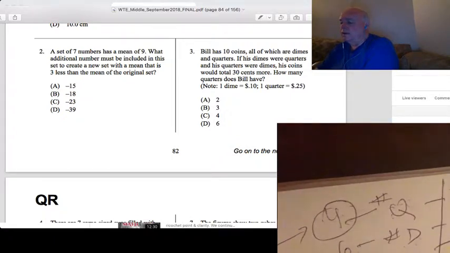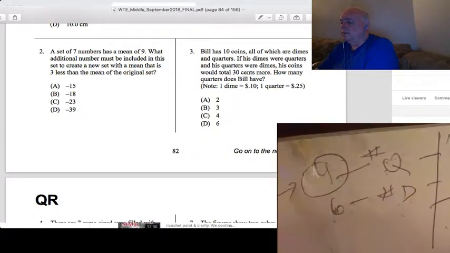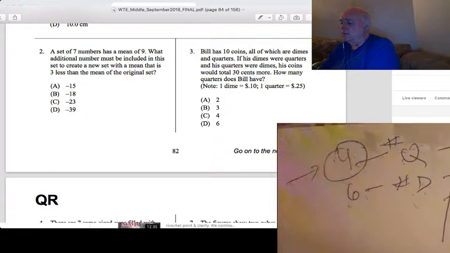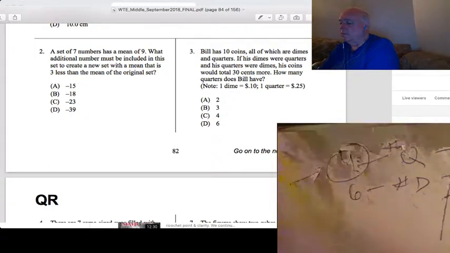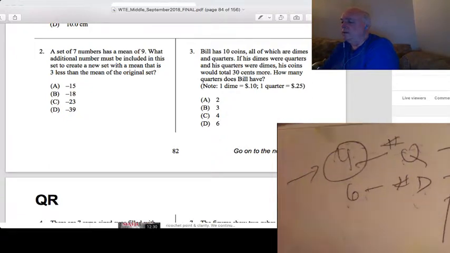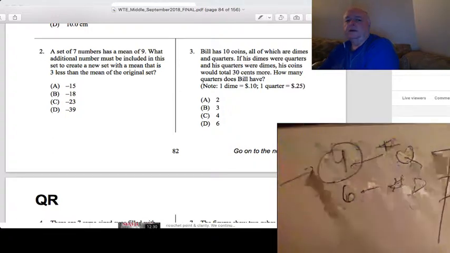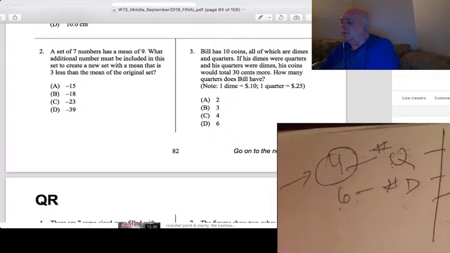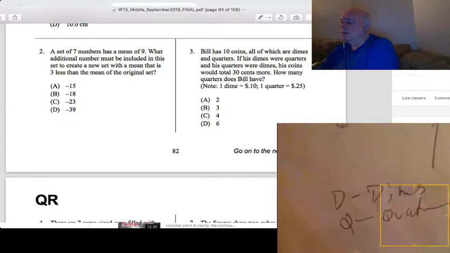So if D is dimes and Q represents quarters, let's just work that way from there. The first sentence says he has 10 coins. So that means dimes plus quarters equals 10.